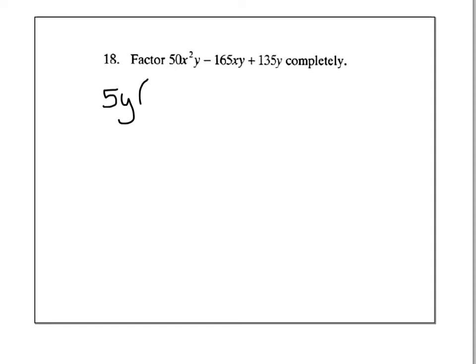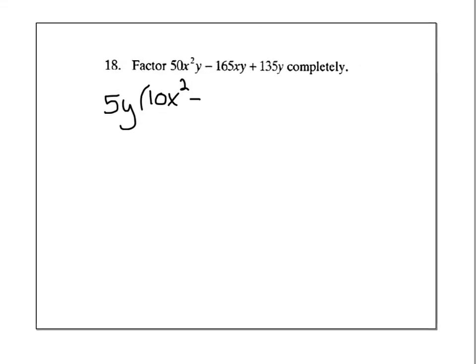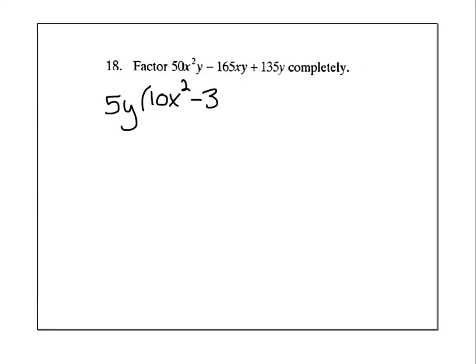So 50x squared y will leave me with 10x squared. 165xy will leave you with 33x, because the y is taken out. And then 135 divided by 5 will leave you with 27, and that y comes out as well.